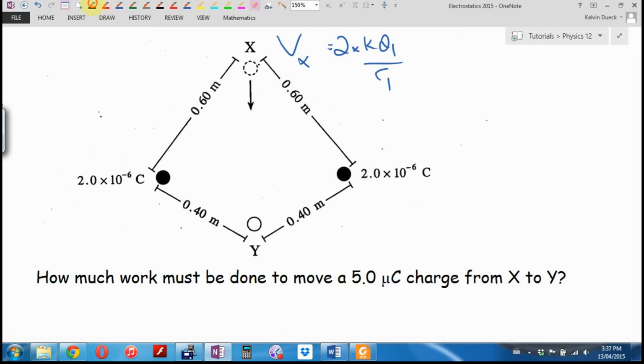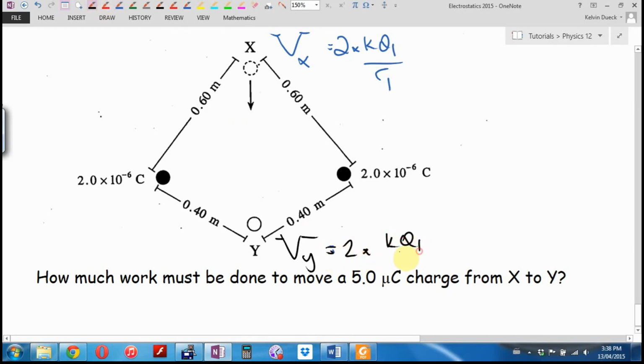I would find the voltage at location Y, which is going to be 2 times kQ1 over R1. Instead of calling it 1 and 1, let's call it Rx and Ry. Then the work is just going to be the charge that you're moving times the change in voltage. We're changing anything as final minus initial.